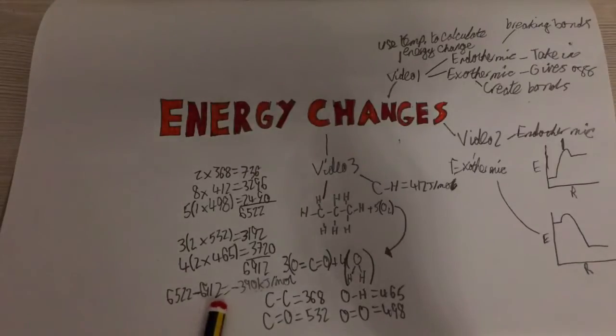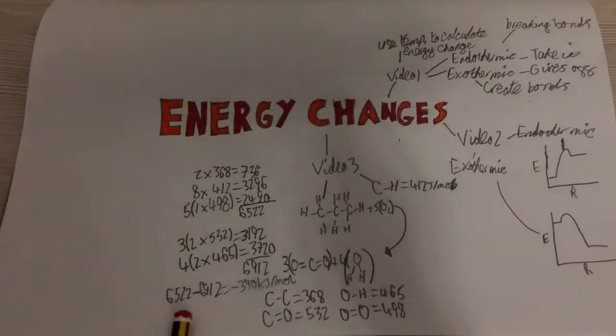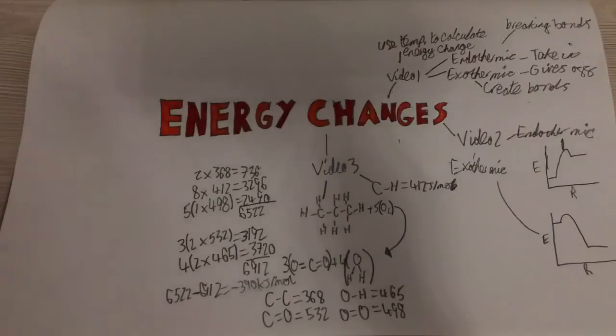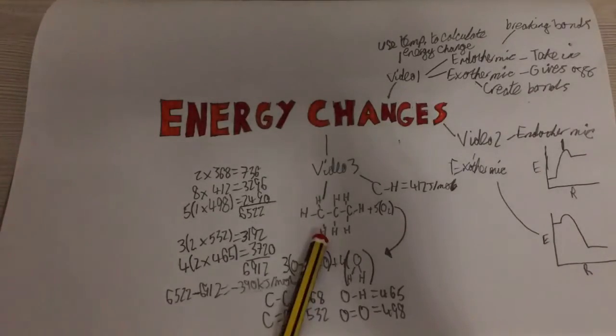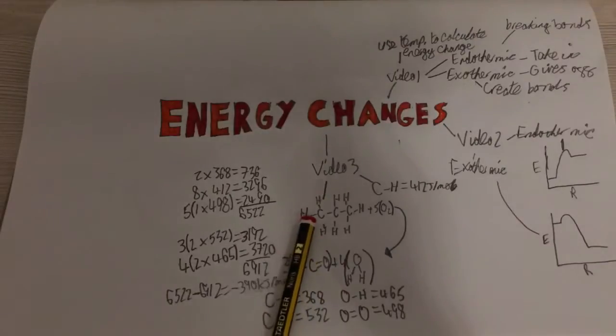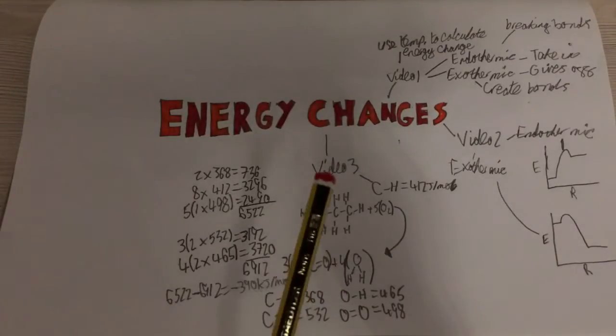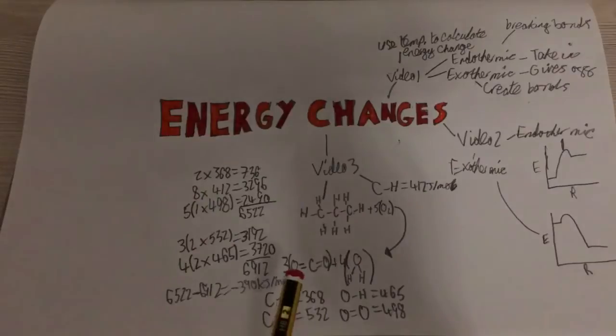Now, just some pointers before I go. Remember, always subtract the products from the reactants. Don't do it the other way around. Each energy amount is unique to every single bond. Also, if a diagram is given, remember a single line is a single bond, a double line is a double bond, and they're very different.